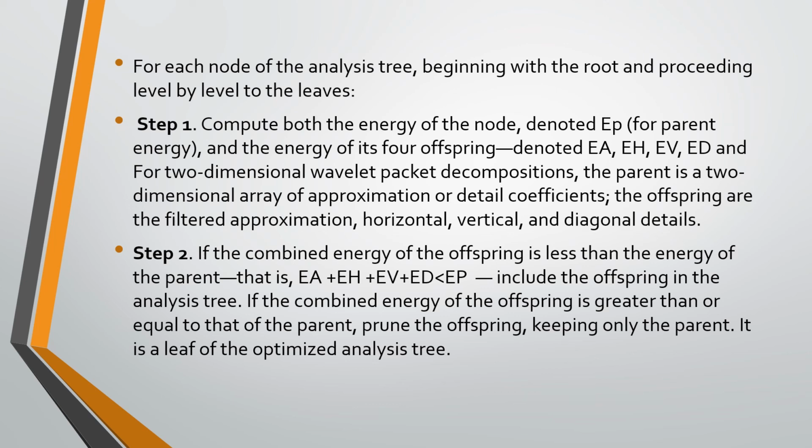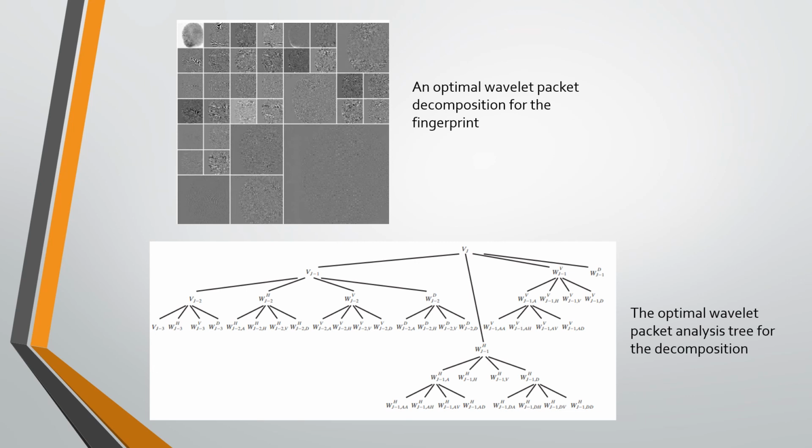It is a leaf of the optimized analysis tree. Now, the above figure shows an optimal wavelet packet decomposition for the fingerprint. The below figure shows the diagram of the optimal wavelet packet analysis tree for the decomposition.